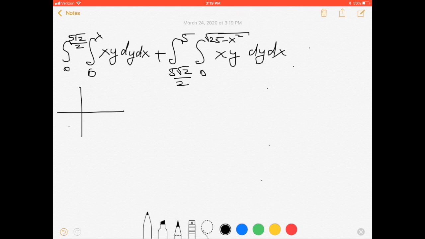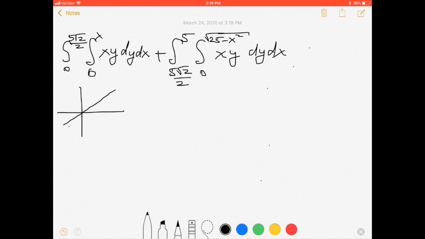Looking at the first integral, variable y changes from 0 to x. This means I have the line y equals x. And x changes from 0 to 5 square root of 2 over 2, which is some number.